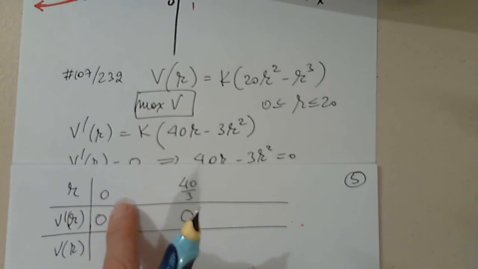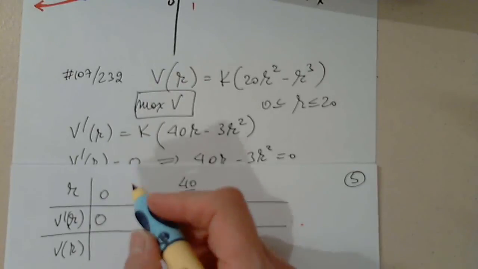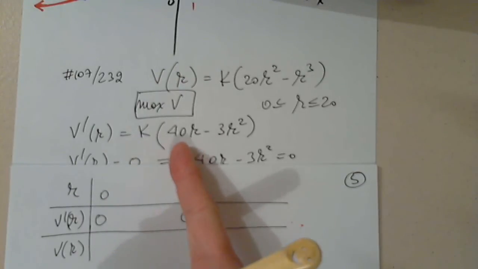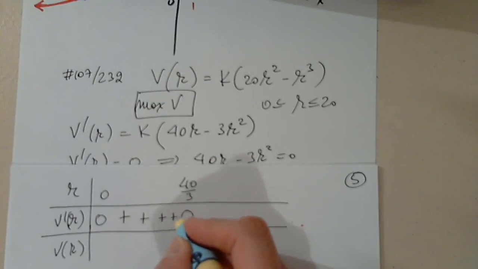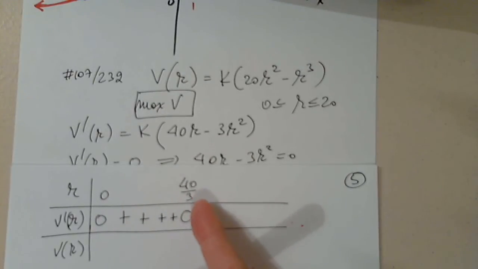Let's say 40 divided by 3 is way bigger than 1. So I'm going to try 1. 40 times 1 is 40. 40 minus 3, positive. I'm going to try 40 divided by 3 is 10 something.